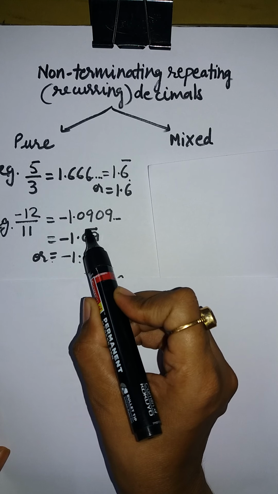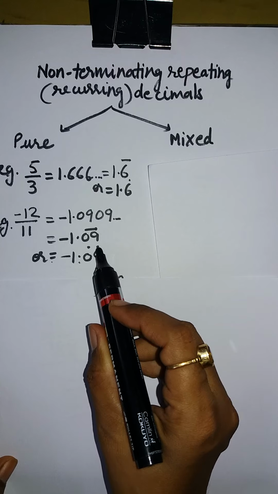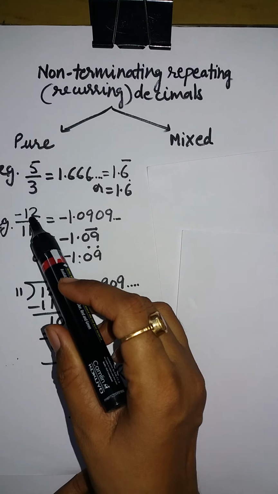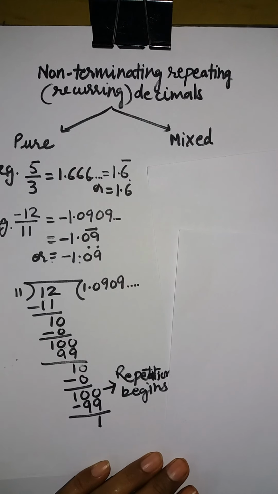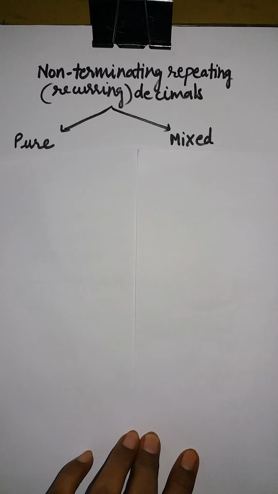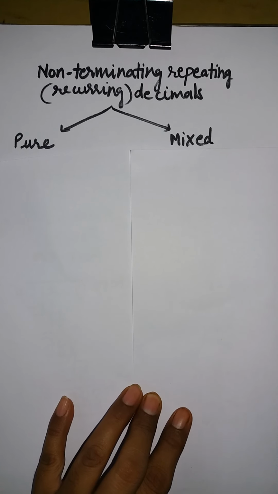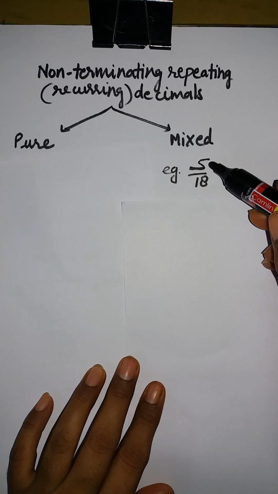We can represent it by putting a bar over 09 here, or by putting dots there. You can see the division of the above given example shown below. Let us understand mixed non-terminating repeating decimal representation with the help of the example 5 by 18.